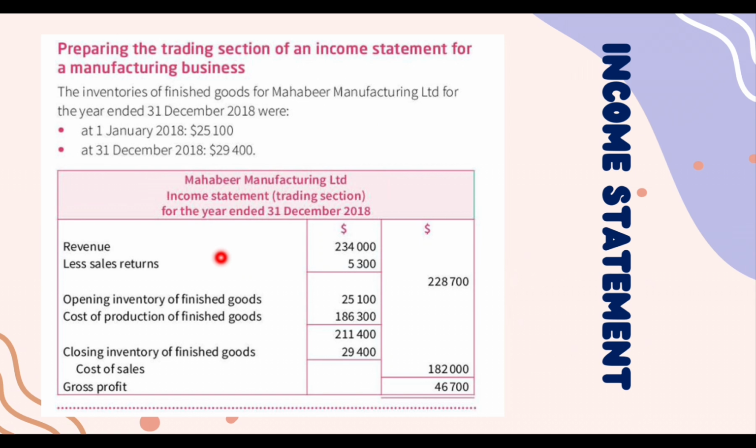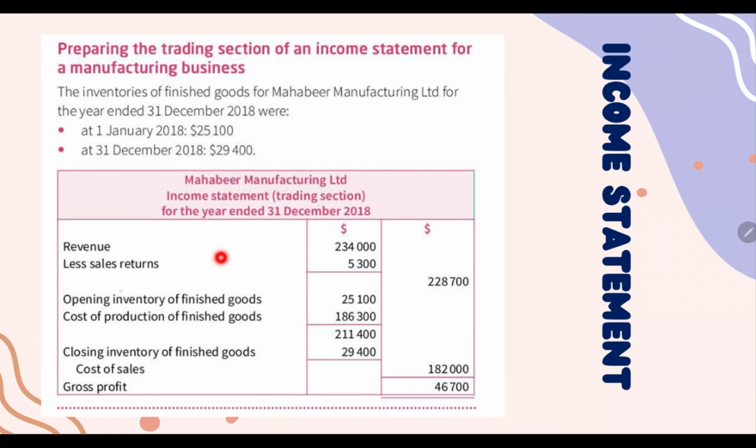Alright, and here we have an income statement. This is basically the normal thing you do, with the exception that we use finished goods. In the normal income statement, you just use opening inventory and closing inventory. But in this case, you have to use opening inventory of finished goods and closing inventory of finished goods.